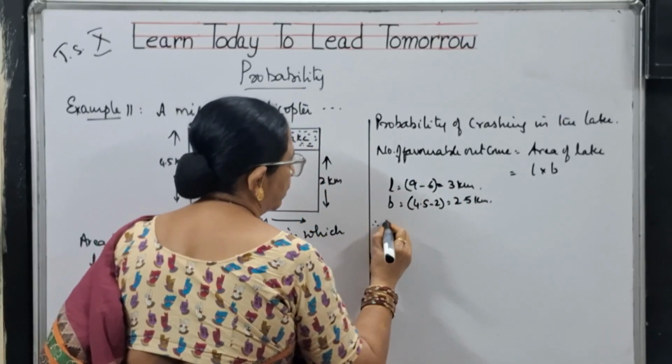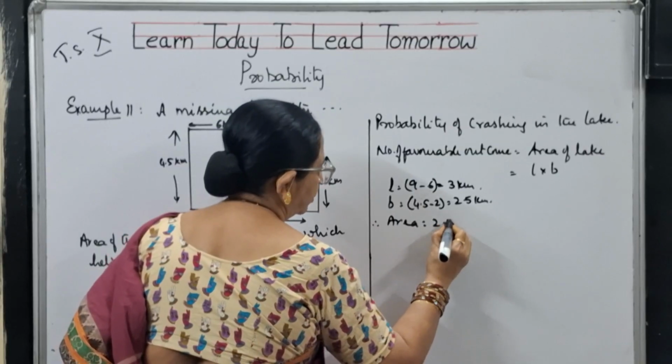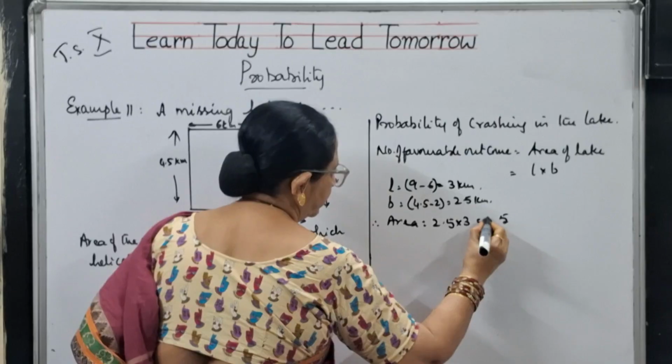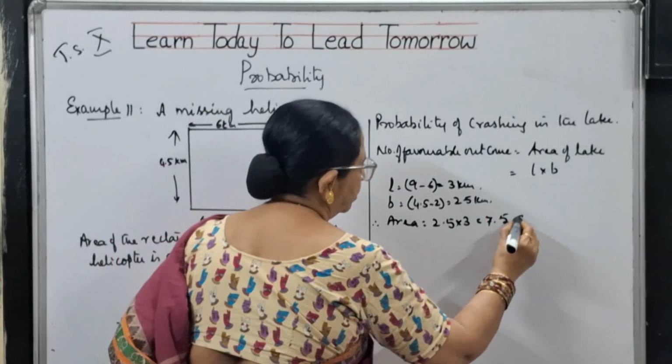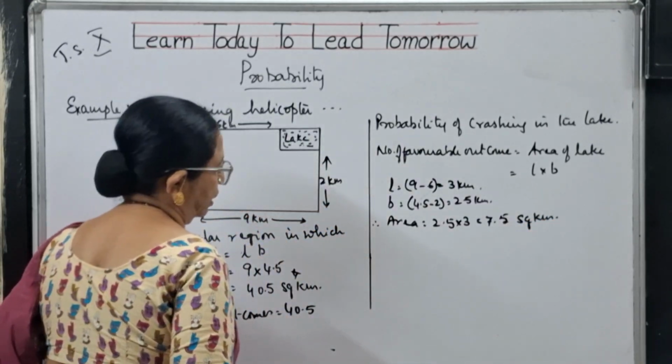So what is the area? Area is equal to 2.5 into 3. That is 3 5s are 15, 3 2s are 6, plus 1 is 7. 7.5 square kilometers is the area.